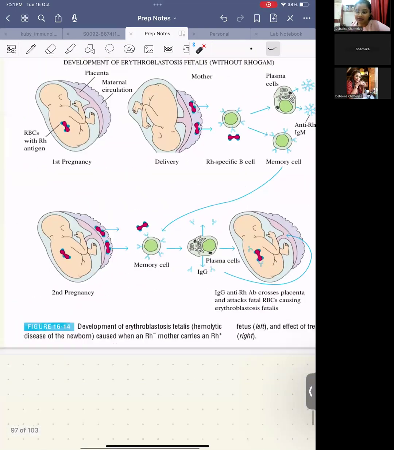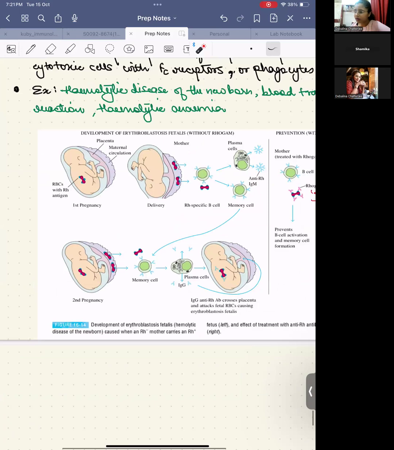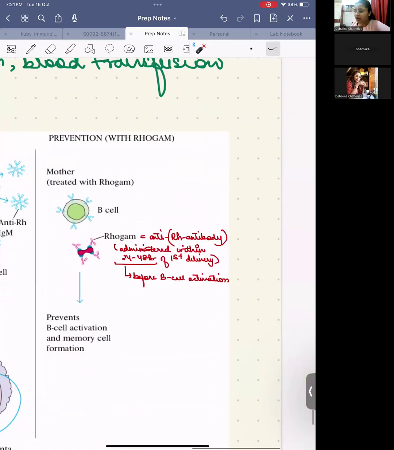Whereas in your second pregnancy, the antigen that is indeed present is Rh positive. So before we have anti-Rh antibody production in the maternal circulation, we are in a way neutralizing this Rh antigen itself, so that there is no B cell activation that occurs.